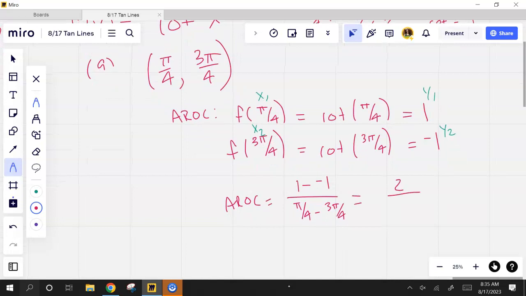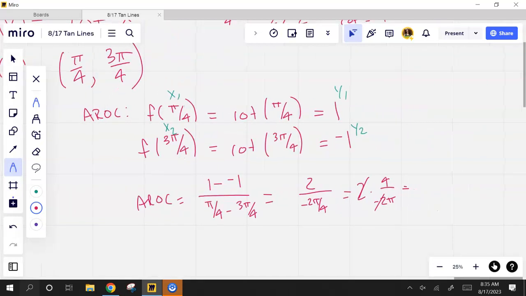All right, so I get 2 over negative 2 pi over 4. Don't divide by a fraction. Instead, multiply by the reciprocal. So I get 2 times 4 over negative 2 pi. Negative 4 over pi. Or you say 8 divided by negative 2. Either one.